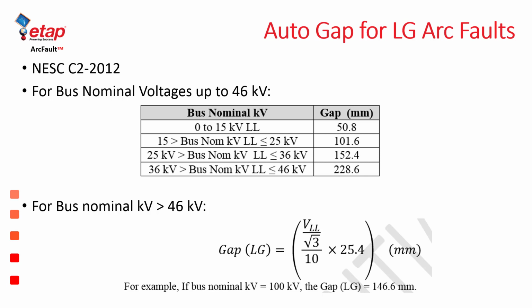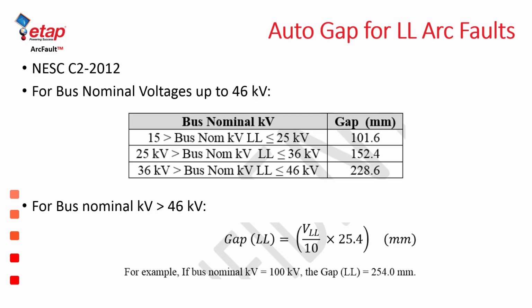As we can see in this slide, the program allows you to either use a set of predetermined values up to 46 kV, where you can define the individual gaps to be used, or typical gaps, or you can let the program use equations provided in this standard to determine the typical gap for a line to ground arc fault.